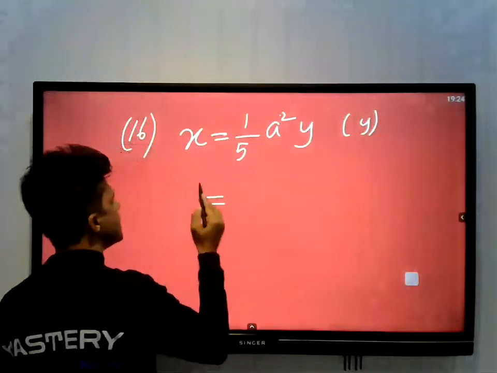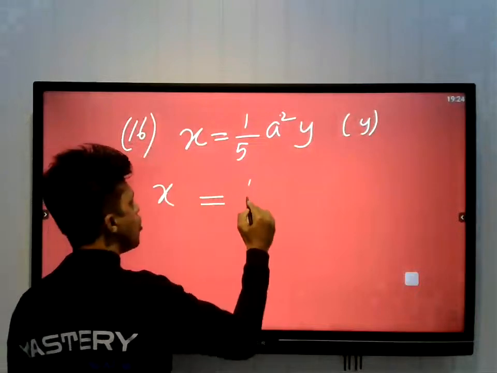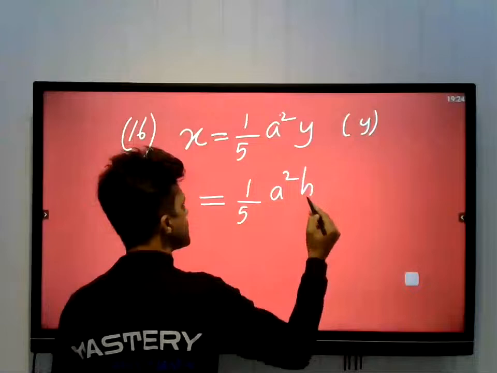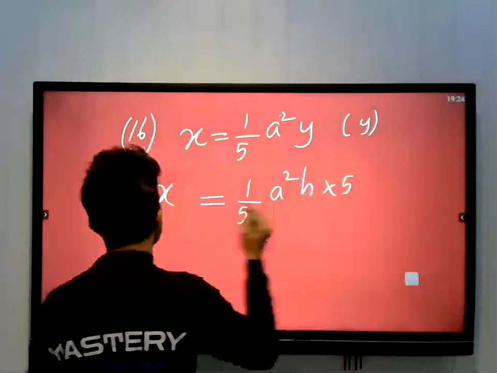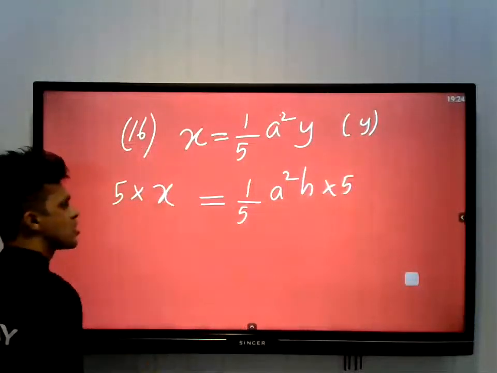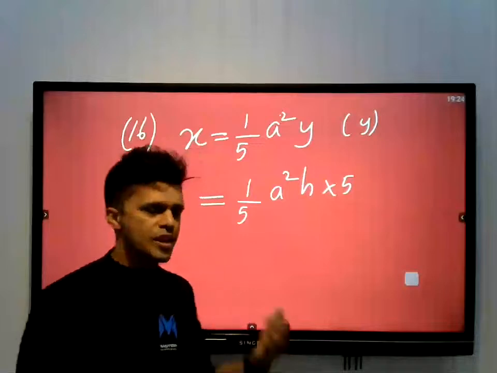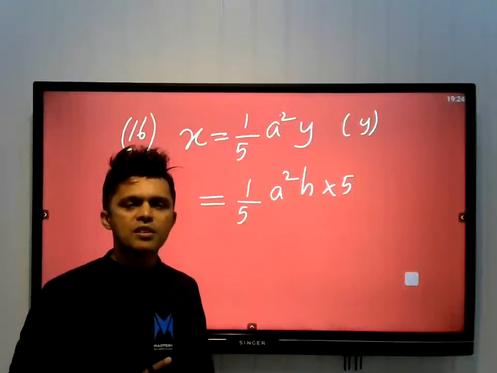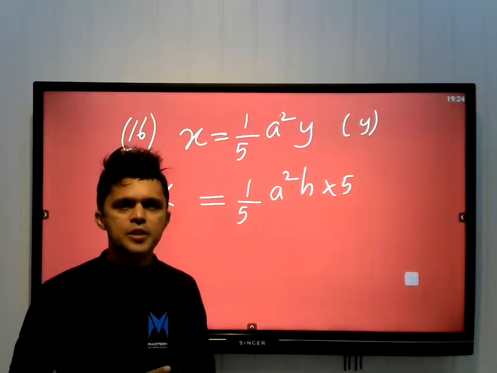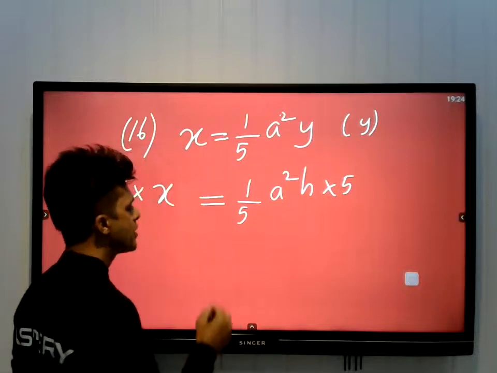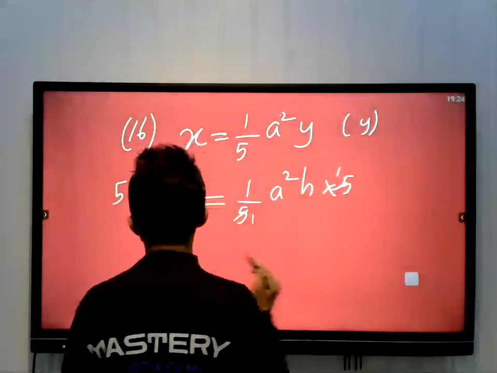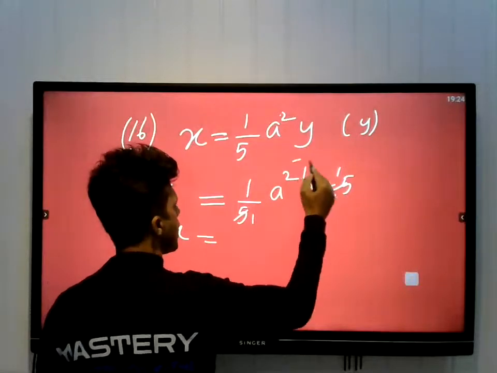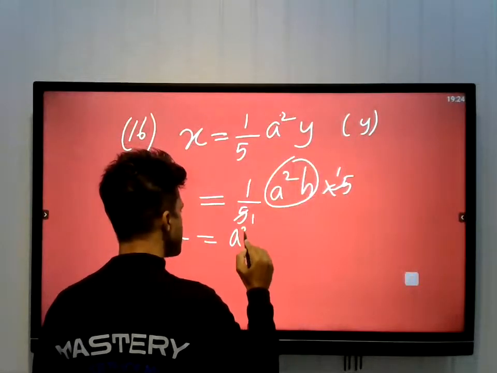You can multiply both sides by 5. The reason is, here 5. In terms of removing 5, we multiply using 5. So this 5 and this 5 can be cancelled out. So 5 into x is 5x equals a squared h.